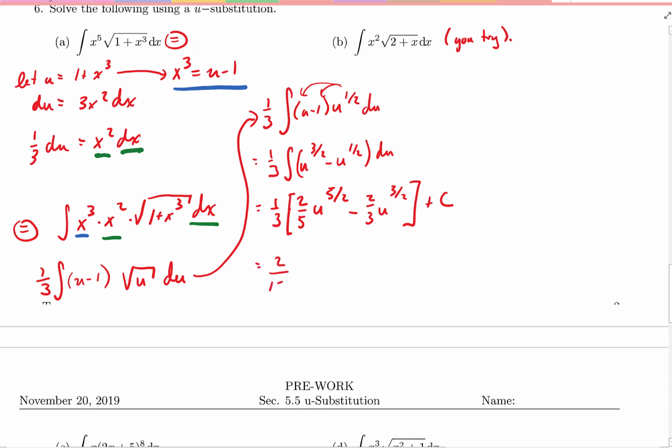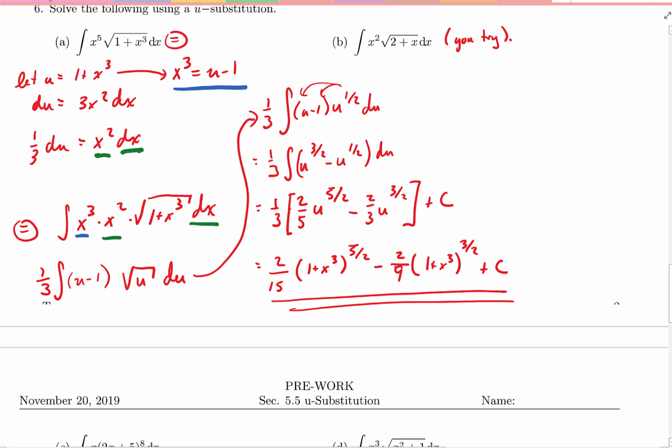This gives us 2 over 15. But then what was u? Well, u was 1 plus x cubed, so we have 1 plus x cubed to the 5/2 power minus 2. We're distributing this 1/3, so this is minus 2/9, and then that would be u to the 3/2 power, but again, u is 1 plus x cubed, so 1 plus x cubed to the 3/2 power plus c. So that's a much more challenging problem than anything we've seen so far.